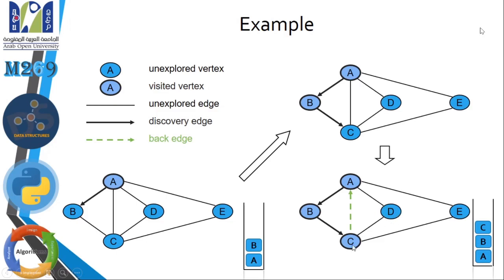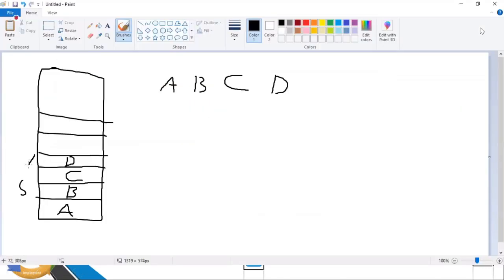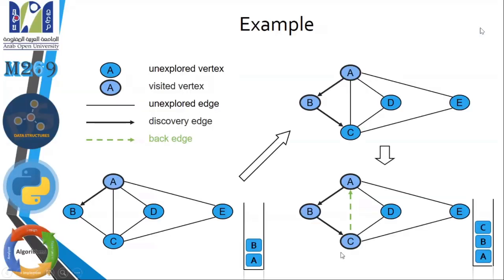Can visit C, already visited. Anything else? No, nothing. Imagine that it's not there. So now it's empty. So now I have C, B, A.